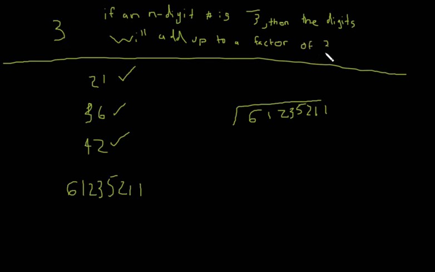Alright, so if an n-digit number is divisible by 3, then the digits will add up to a factor of 3. And let me show you what I mean.